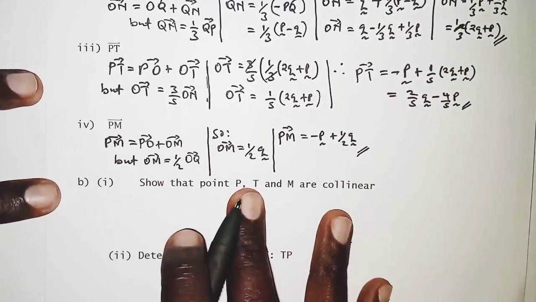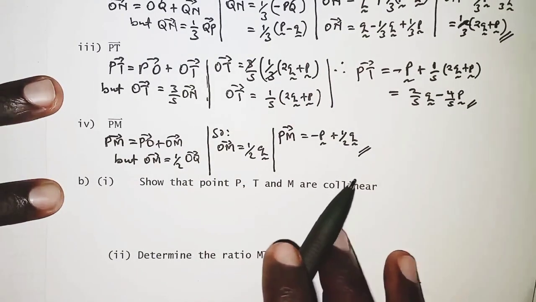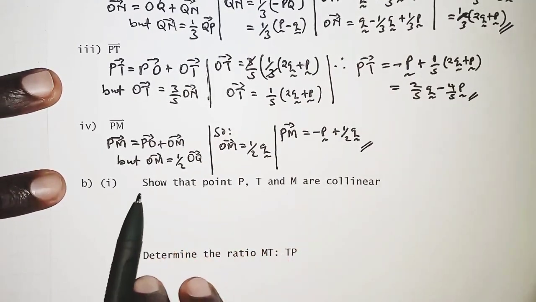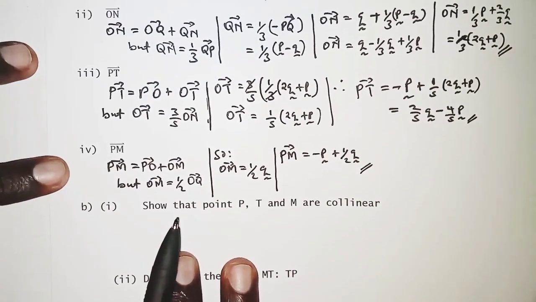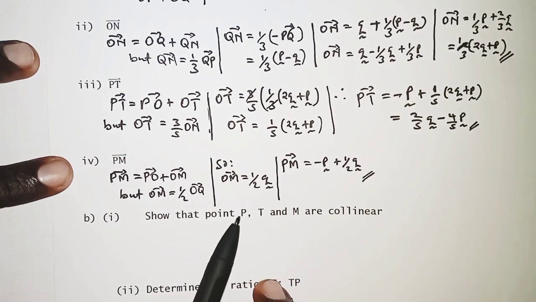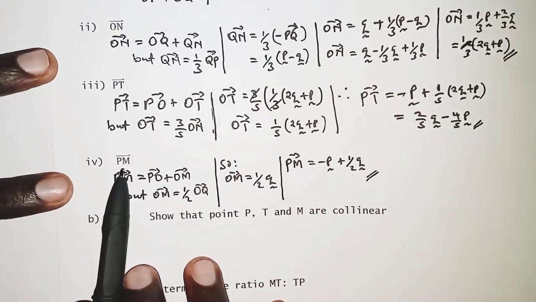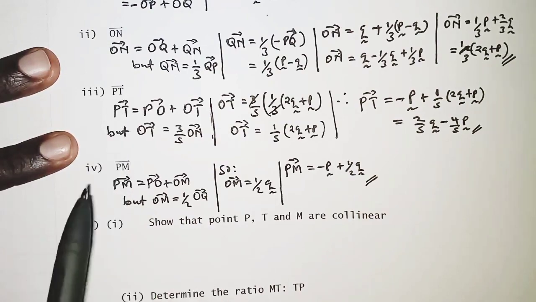Next, for part B, show that P, T, and M are collinear. So in order to show that P, T, and M are collinear, we will use a pair of vectors that contain P, T, and M. So we can pick from the previous part, we have PM and PT.